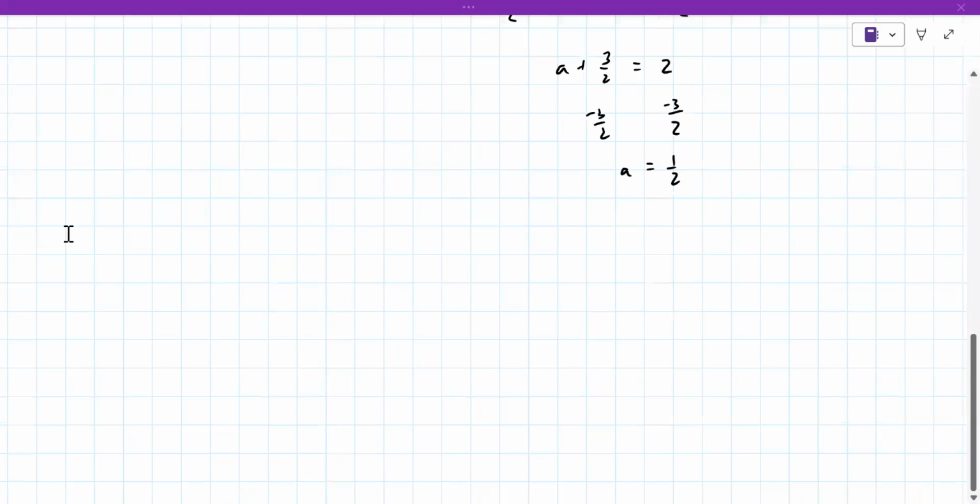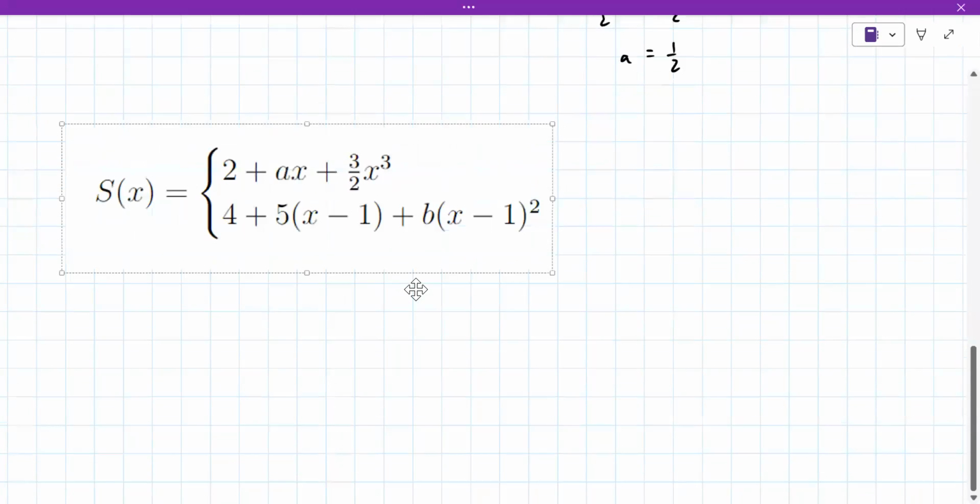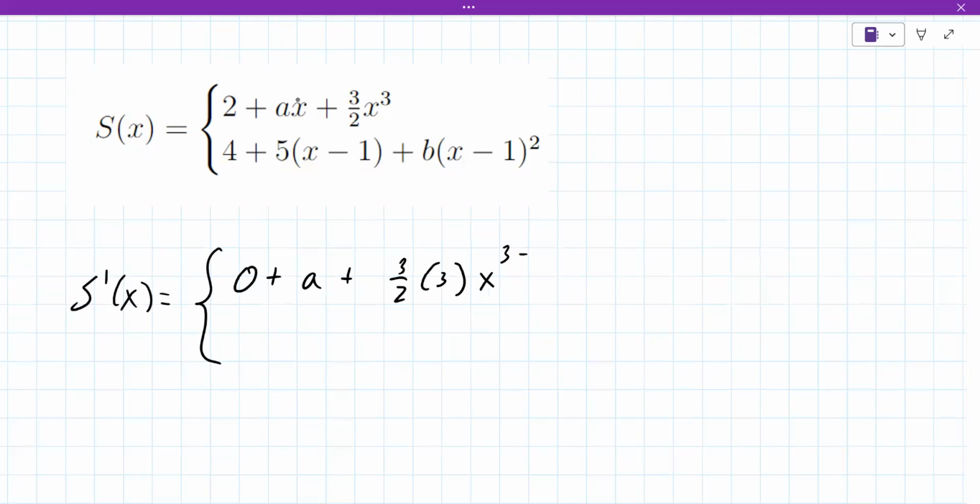All right, so the next thing is to take a derivative of the top and the bottom. The derivative of the top one is 0 plus A, the derivative of AX, plus 3 halves times 3X to the 3 minus 1 power. So this is really A plus 9 over 2 X squared.